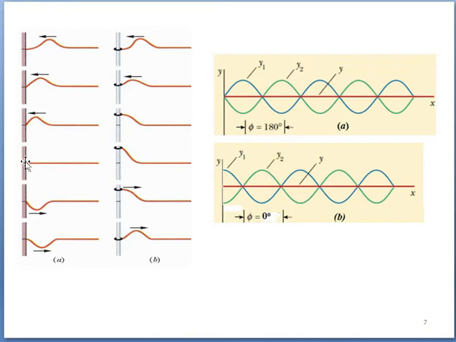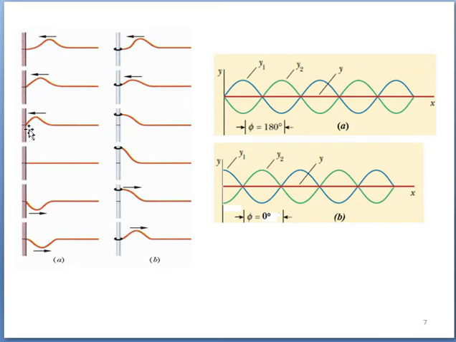Over here this completely goes to the fixed point. Now what will happen in this situation as this pulse arrives at this point? This stretched string has a pulse, or we can say a crest, so the tension in the string at this point will exert a force on this fixed end of the string.